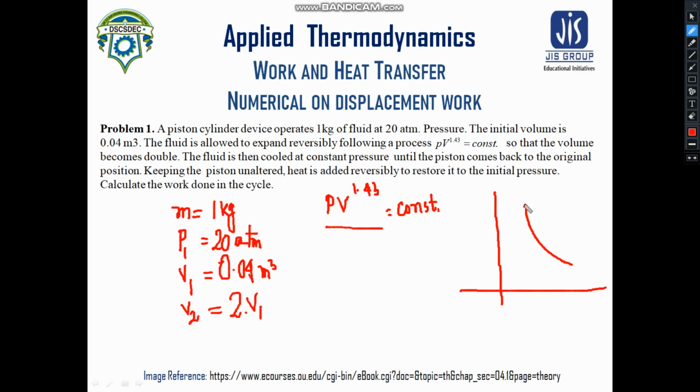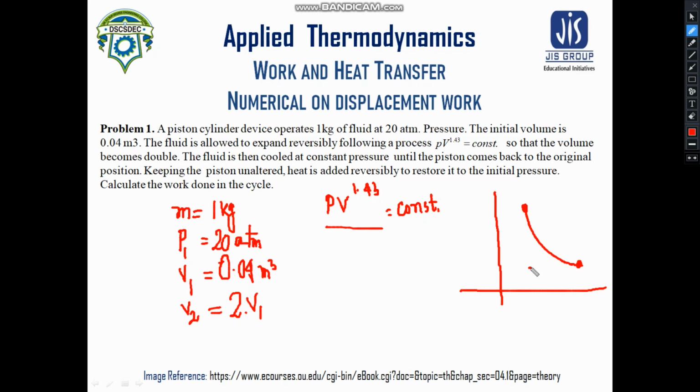The volume, which was initially at V1, becomes V2 equal to 2V1. Let us just extend it here so that it can be shown. And then what happens? The fluid is then cooled at constant pressure.